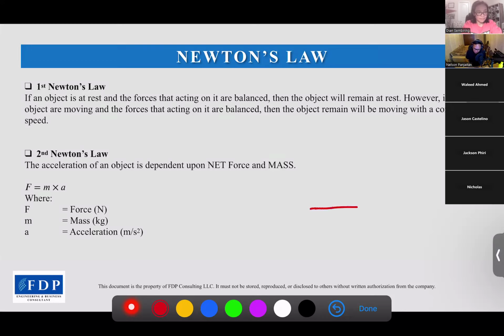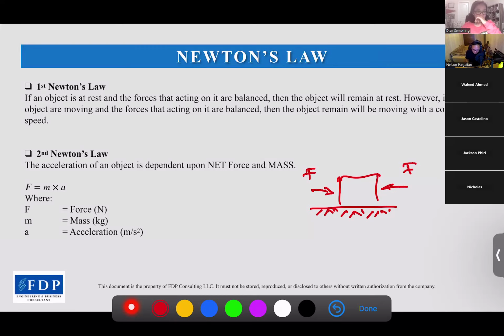So if we have an object sitting here, let's say there is no friction, and there are forces acting on both sides, and the forces are the same, then if this object is at rest, it will remain at rest.